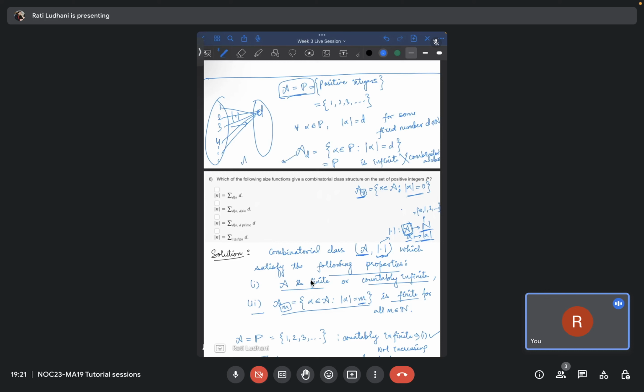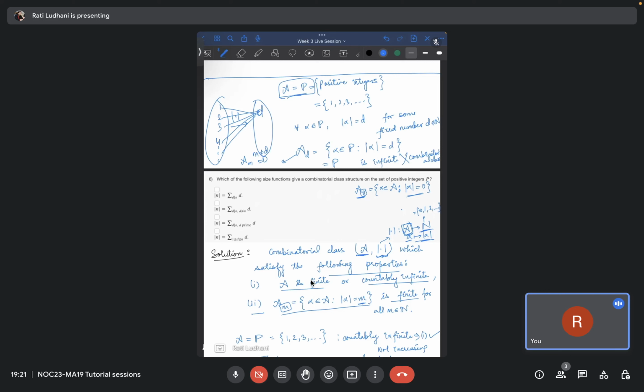Here note that if you take Am where m is not equal to d, then this is just empty, because there are no elements mapping to anything other than d. If you take any other element, let's say d plus 1, then there is no positive integer mapping to d plus 1.